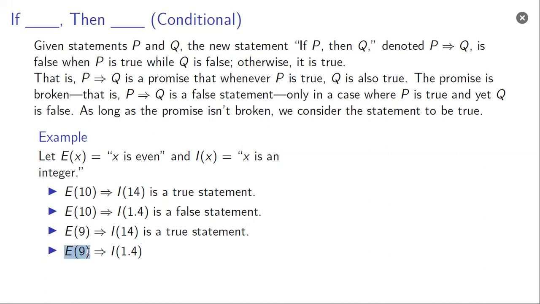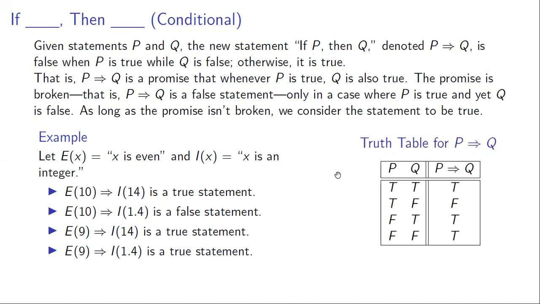Now, this is not true, so therefore this is not required to be true. It could be true, it could not be true, but it doesn't really matter. So this entire thing is a true statement because the promise wasn't broken. Again, the promise was that if 9 is even, then something. Well, 9 is not even, so there's no way to break the promise.